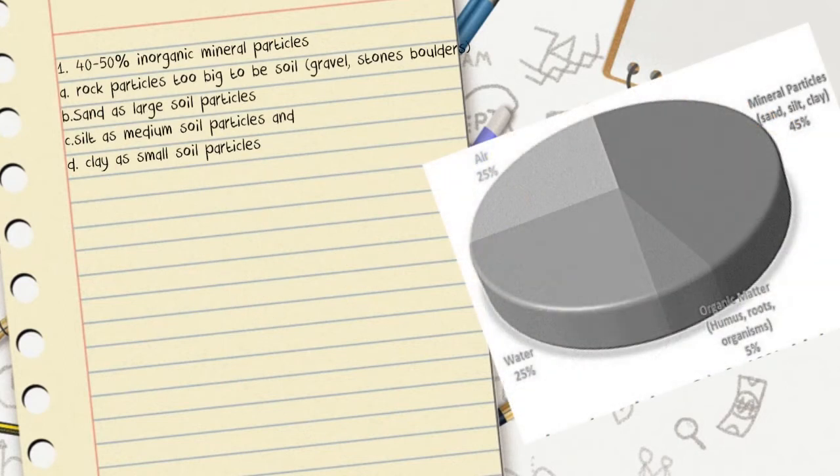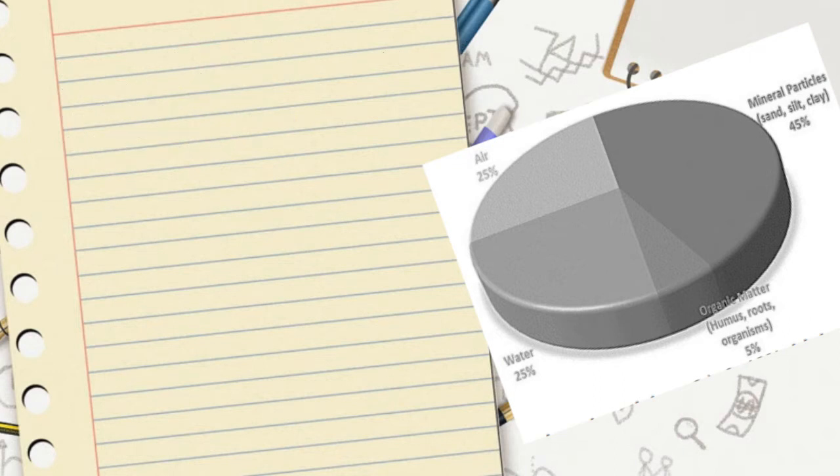Soil is 40 to 50% inorganic mineral particles: rock particles too big to be soil, sand as large soil particles, silt as medium soil particles, and clay as small soil particles.